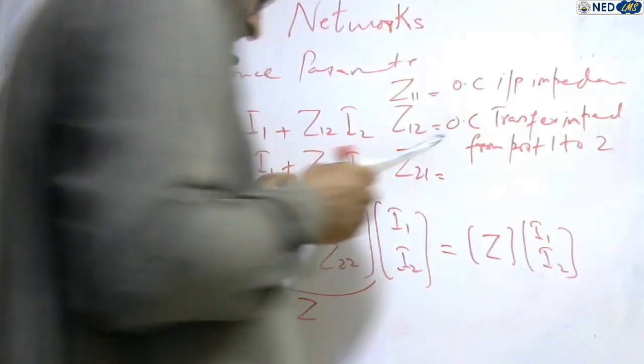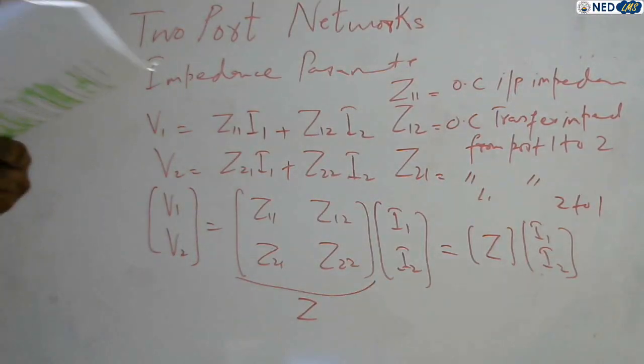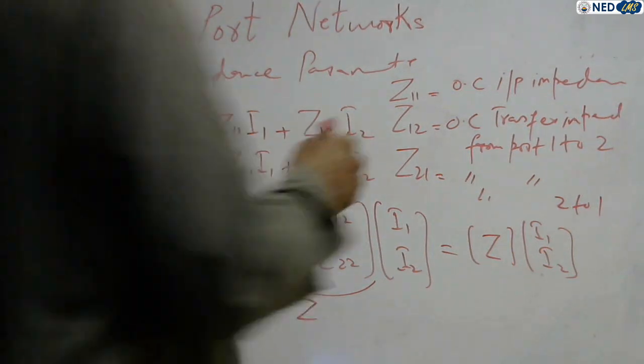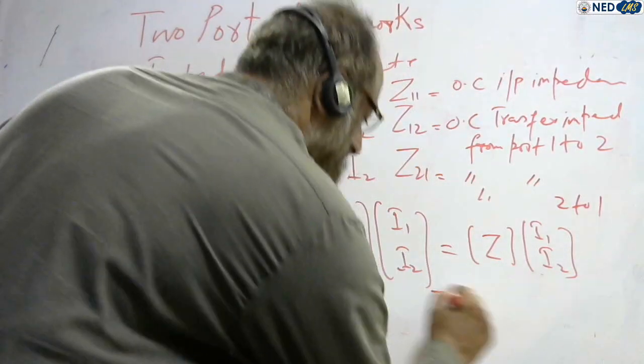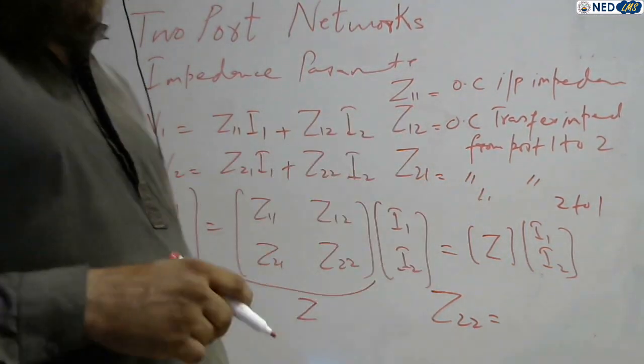Z21 is again the open circuit transfer impedance, from port 2 to port 1. And what is Z22? Z22 is the open circuit output impedance.